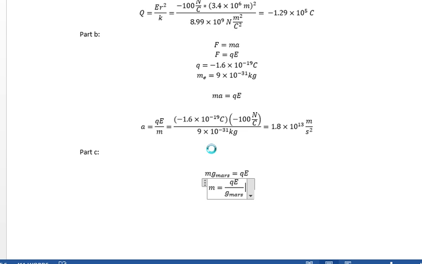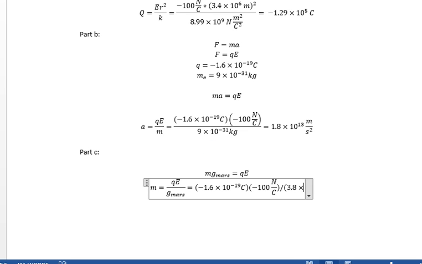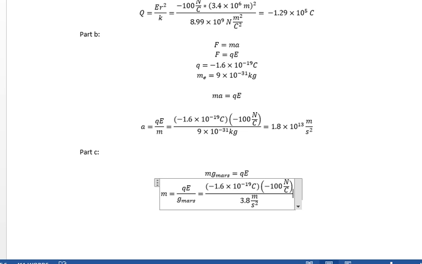Now, gravity on Mars is 3.8 meters per second squared. So we have minus 1.6 times 10 to the minus 19 coulombs times minus 100 newtons per coulomb, all divided by 3.8 meters per second squared.